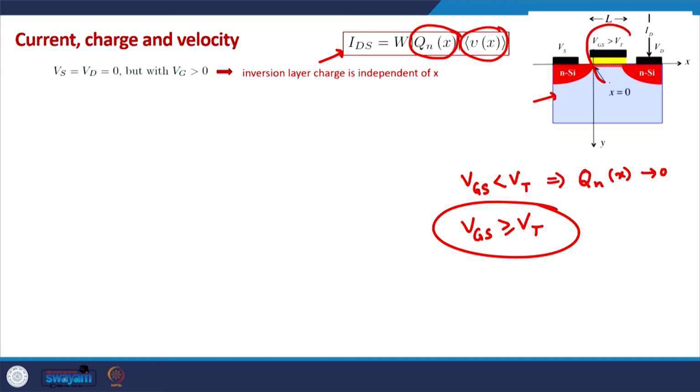So, this part of the MOSFET can be approximated by a capacitor because we have a conducting gate contact, we have a conducting channel, and in between we have an insulator or the dielectric.